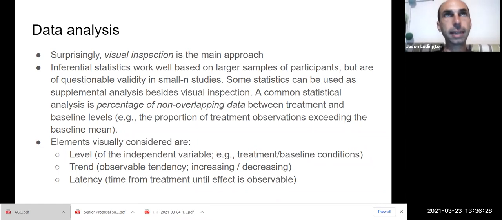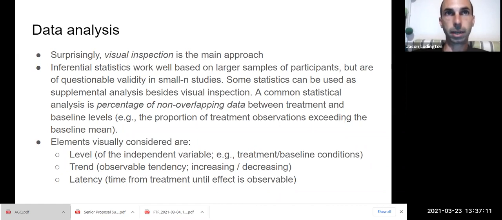All right, so the baseline, you've got some average, right? Let's say we're measuring cigarette smoking per day, and we come up with an average of 7 cigarettes per day. Then we do the treatment, and we see that the average is 5 cigarettes per day. Now, there's going to be some overlap between the baseline and the treatment conditions. Some days in baseline, there will be less cigarettes smoked than in the treatment.